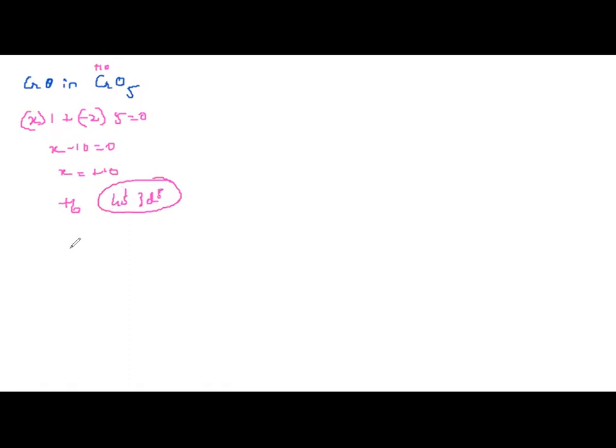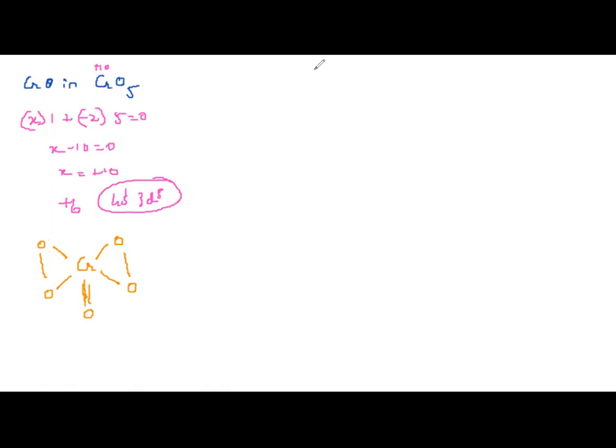Therefore, look at the linkage. If you see the structure of CrO5, chromium is the central atom. It is bonded to oxygen atoms like this. There are 4 oxygen atoms showing peroxy linkage, and 1 oxygen is double bonded.